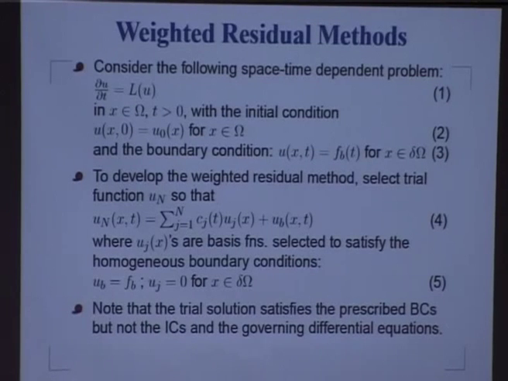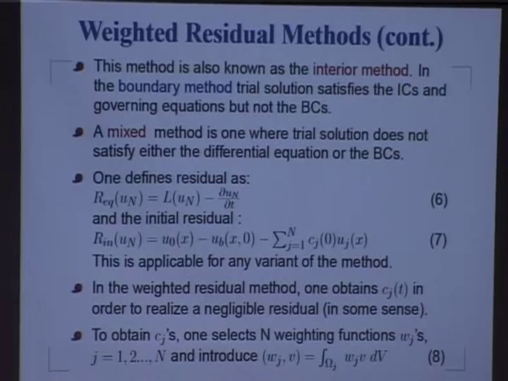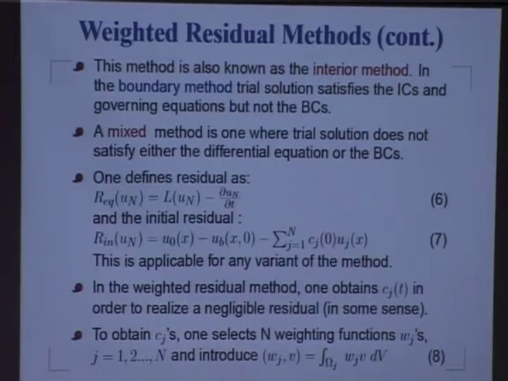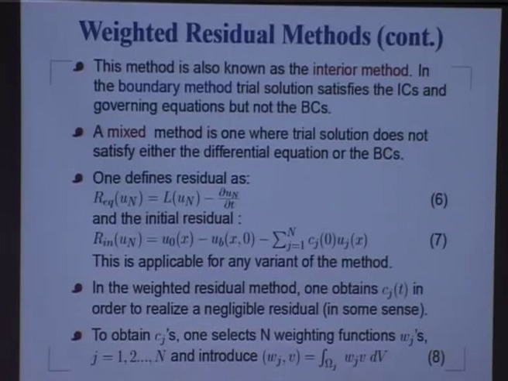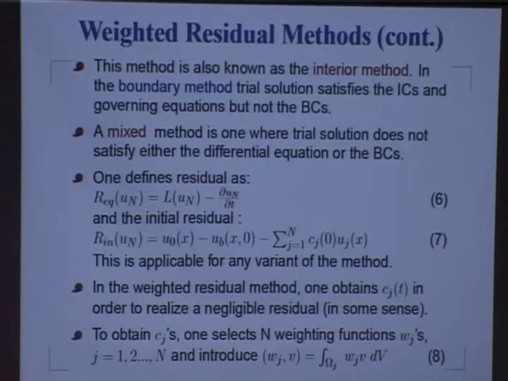Now, we prescribe a trial function u of n given by 4 such that the second part of 4 automatically takes care of the boundary condition. Then we try to classify, in a rudimentary way, this collection of methods. Where we satisfy the boundary condition explicitly by the choice of u of b, we call those methods interior methods.